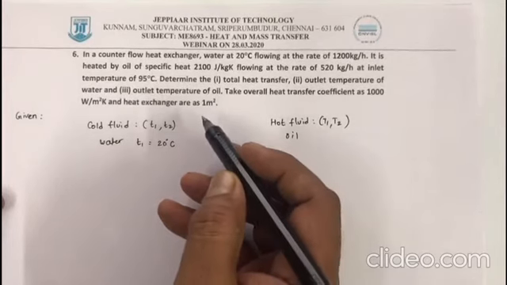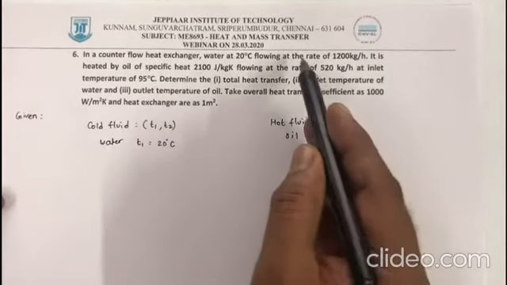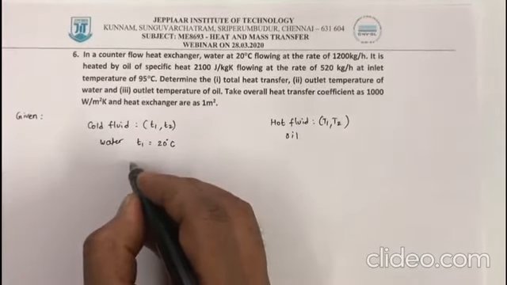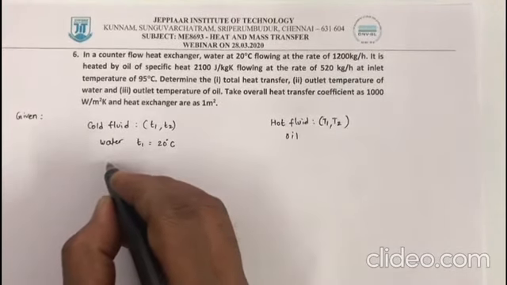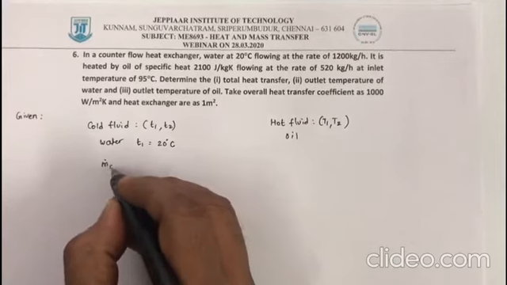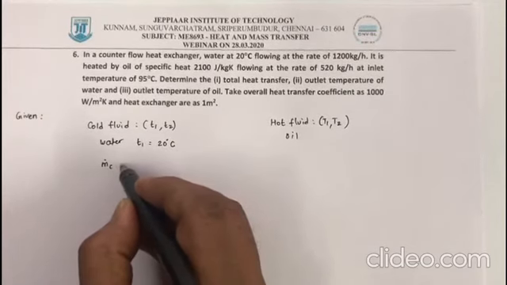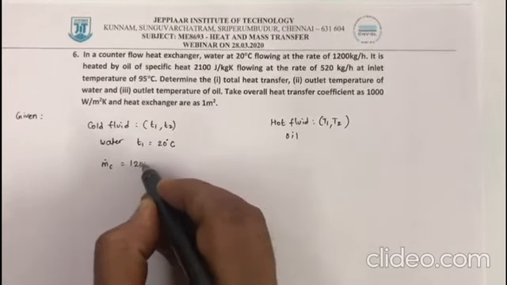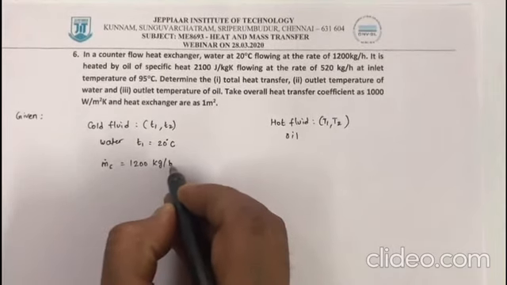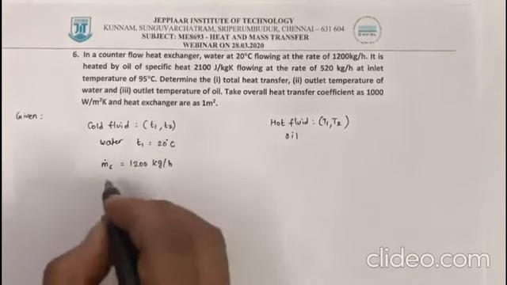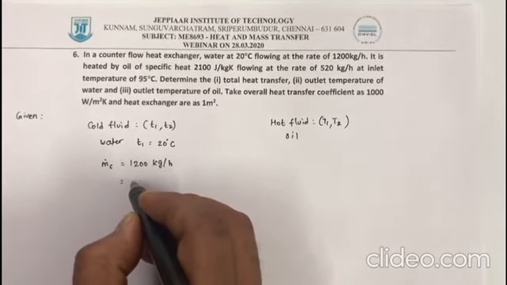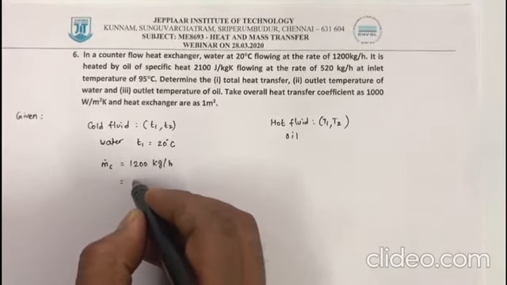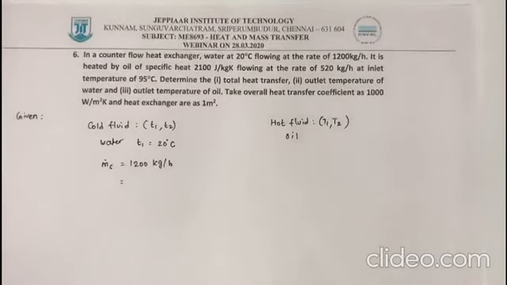So water at 20 degrees Celsius, this means the inlet temperature of water is 20 degrees Celsius. The mass flow rate of water is 1200 kg per hour, which means m dot c, cold fluid water, is equal to 1200 kg per hour. Okay, so this could be converted to kg per second by dividing it by 3600.